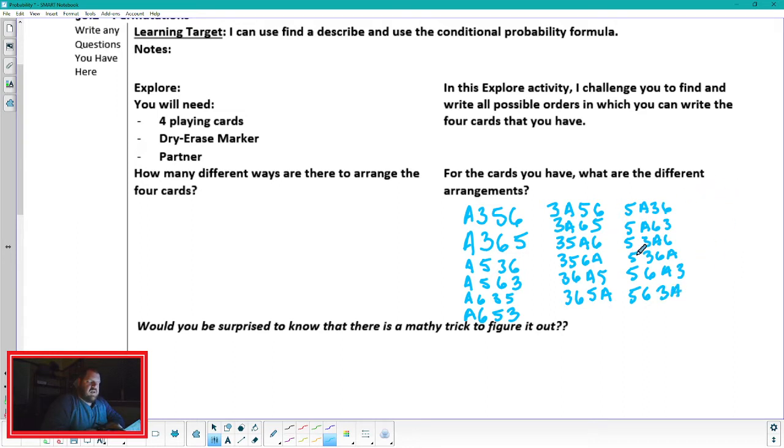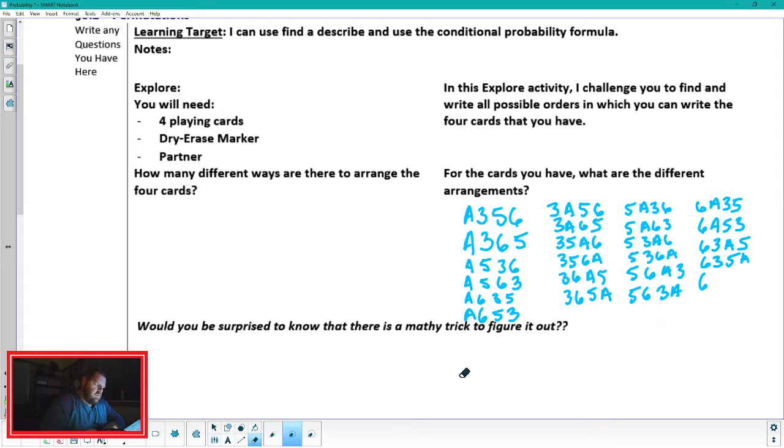Then lastly, the last thing I need to start with is the 6. You probably saw it happening already, but every one of these I'm getting 6 options for. So 6, ace, 5, 3; 6, 3, ace, 5; 6, 3, 5, ace; oh, I'm out of 6, 3s.